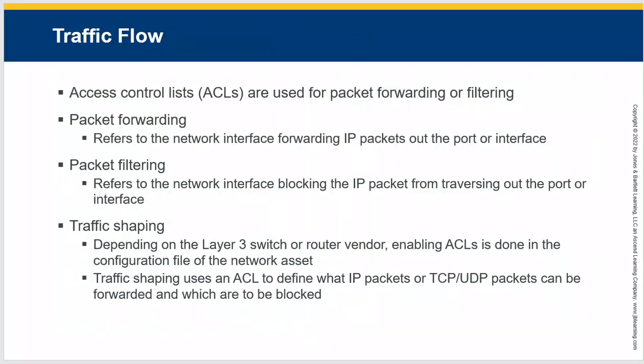Now, access control lists. ACLs are a methodology that we use primarily for security. What an access control list does is it allows you to tell a router or a switch to either allow or deny certain kinds of traffic, and also to allow or deny certain devices.